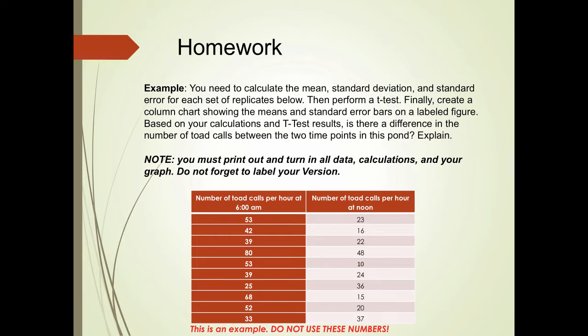Then perform a t-test. Finally, create a column chart showing the mean and standard error bars on a labeled figure. Based on your calculations and t-test results, is there a difference in the number of toad calls between the 2 time points in this pond? Explain your results. You should print this out and turn in all data, calculations, and your graph to your TA at the beginning of the next lab period.